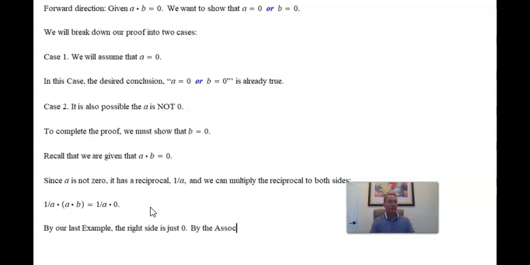By the associative property, the left side is quantity 1 over a times a times b, and on the right side we have 0.